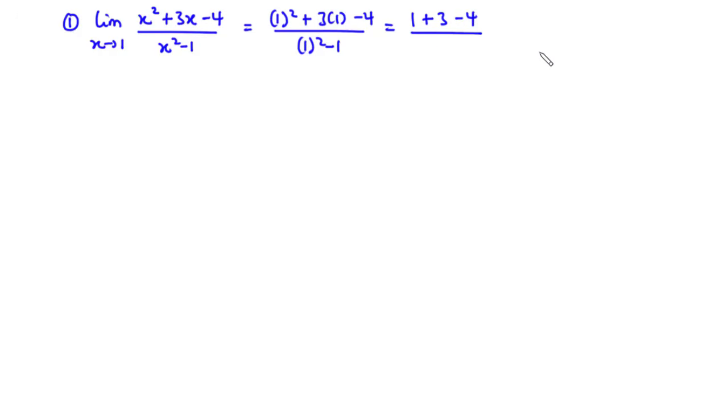So instead of plugging in 1 into this limit, we can think of finding the factors of both the numerator and the denominator to see if any of the factors will be the same so that we can cancel out those factors. So for the numerator, we have the expression x squared plus 3x minus 4. Now the coefficient of x squared is 1, the coefficient of the constant is negative 4. So 1 times negative 4 is equal to negative 4.